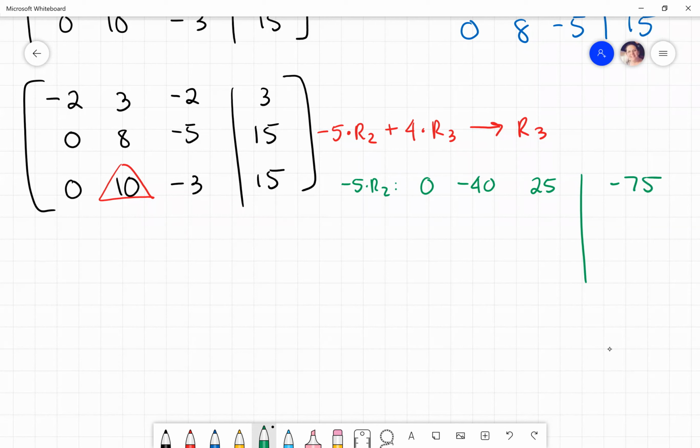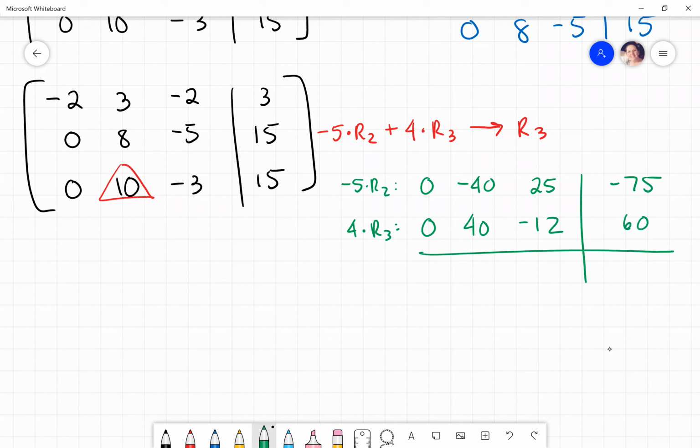Then I'm going to do 4 times row 3. 4 times 0 is 0. 4 times 10 is 40. 4 times -3 is -12. And 4 times 15 is 60.